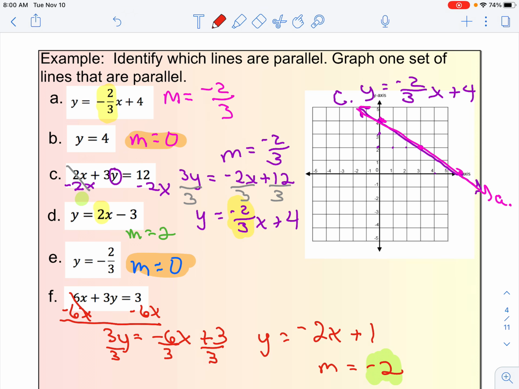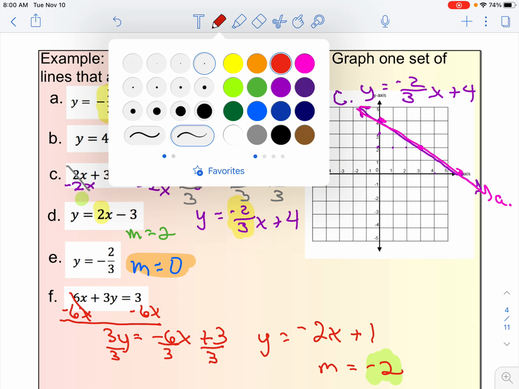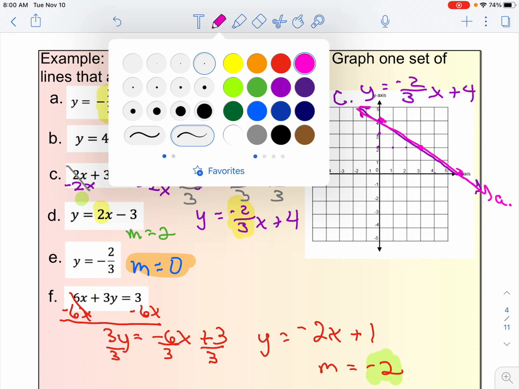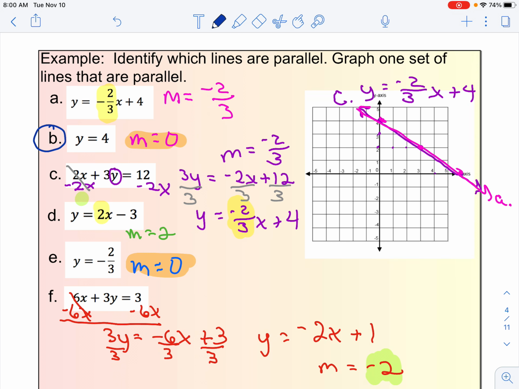So if I graphed letter B, that would be m equals 0, so y equals 4. So it is going through this line right here. I think I will try to use a different color here. So I'm going to use this color, darker blue.